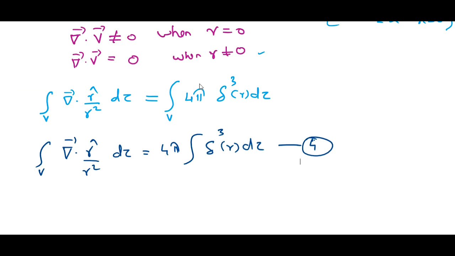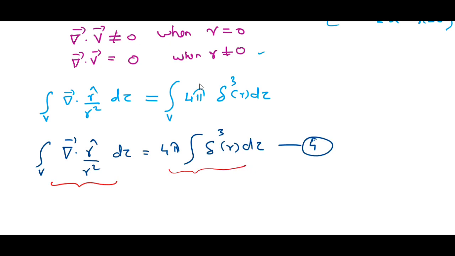Fine. Now it is clear that the divergence of our vector function is not a zero value, it should be 4 pi if you write this equation like this.